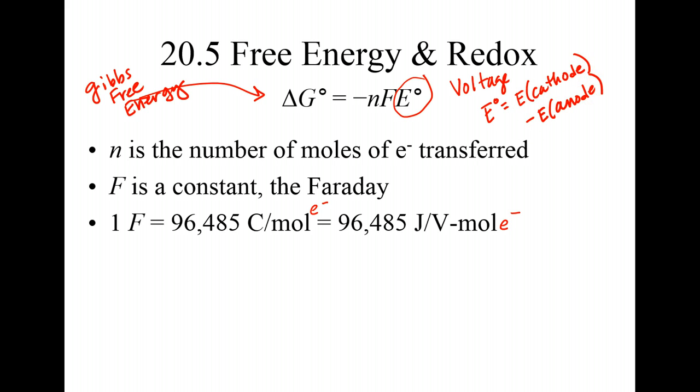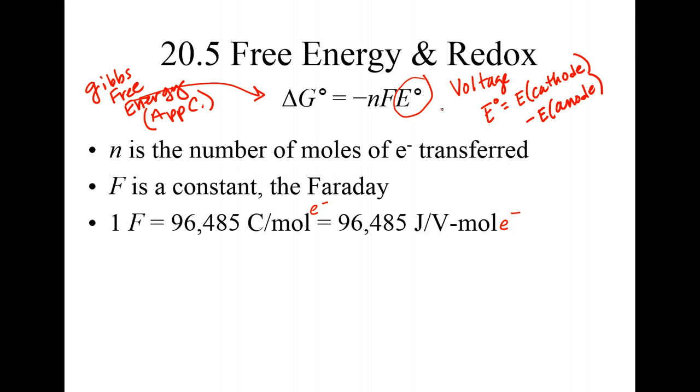So cathode minus anode. The Gibbs free energy, we use Appendix D for, no, Appendix C. You guys have so many handouts now. Appendix E is the new one we received in this chapter. We would use that for voltage, and the old handout, Appendix C, which has delta H, delta G, and delta S, the thermodynamic quantities, would be used to calculate delta G.